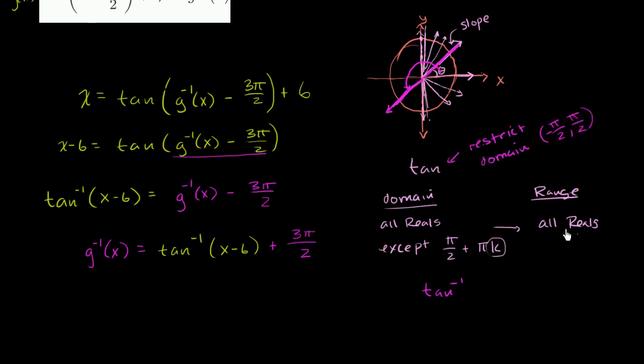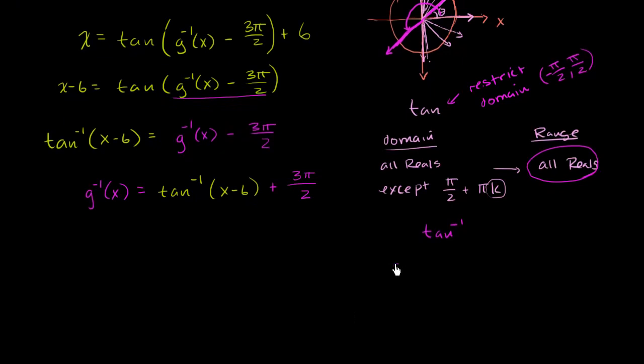So the inverse tangent, you can input any real number into it. So the inverse tangent's domain, this is just a convention. They could have restricted tangent's domain differently, as long as for any theta, there's only one theta in that domain that maps to a specific element of the range. But the convention is to restrict tangent's domain between negative pi over 2 and pi over 2.